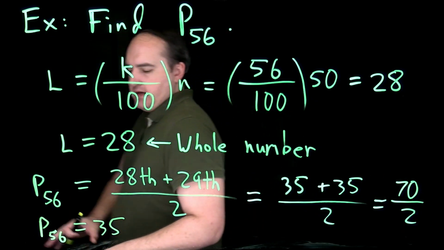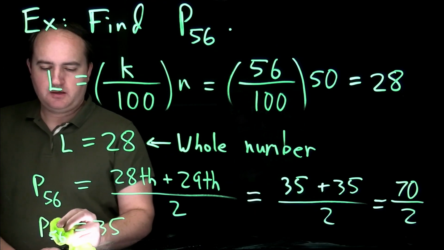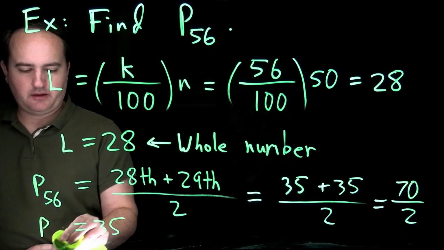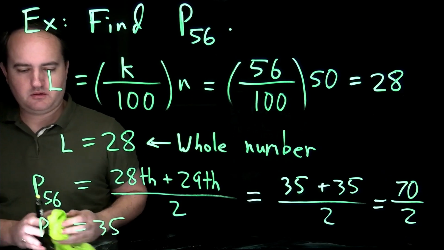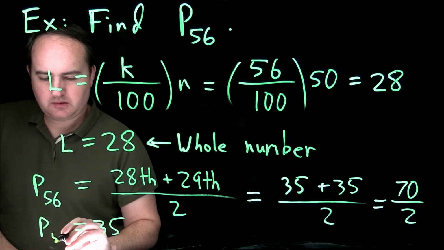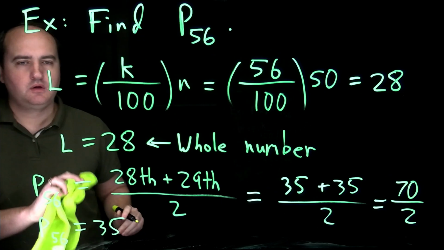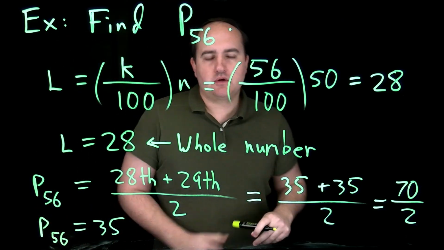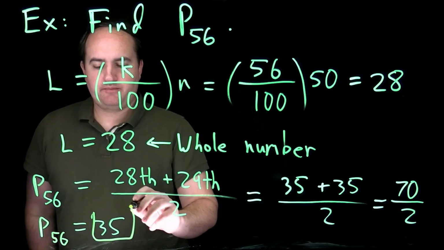So hopefully this makes a bit of sense. Hopefully it's helpful. Okay, so P56 is 35.